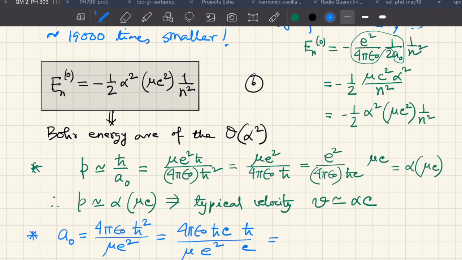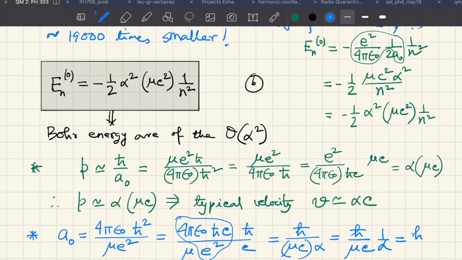So what does it give? See, this object 4 pi epsilon naught h bar c divided by e square is nothing but 1 by alpha. So this gives us h cross by mu times c into alpha. So this is again in terms of the rest energy of the electron times alpha. But we can interpret this in the following way: mu c into 1 by alpha.